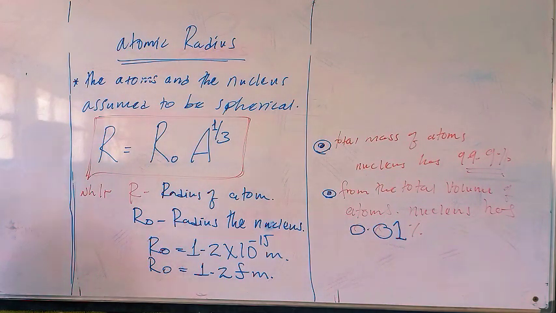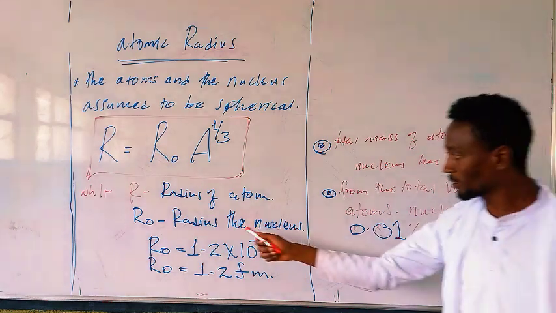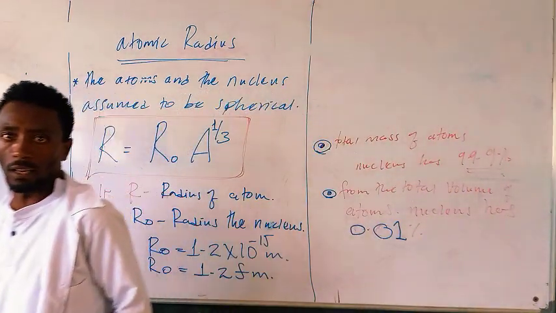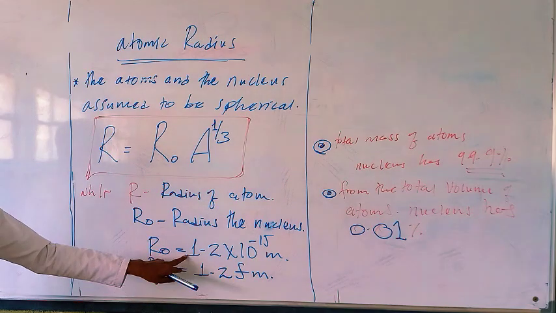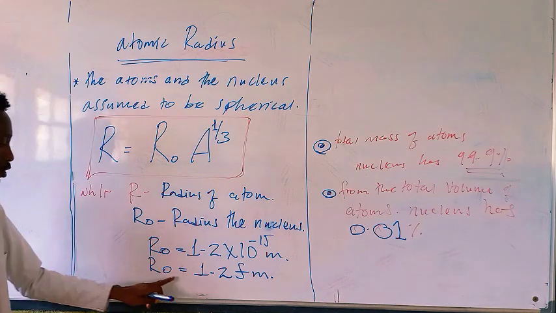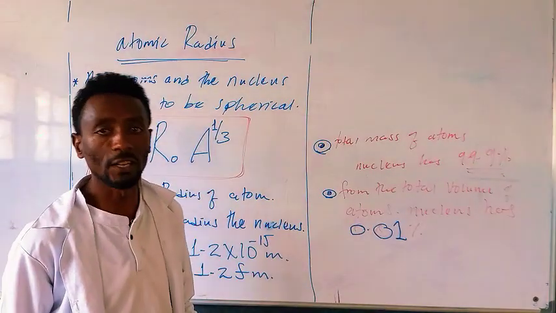So, student, you must understand that the radius of the nucleus of any atom is constant, given by 1.2 times 10 to the power of minus 15 meter, or you can say the radius of nucleus is equal to 1.2 femtometer.